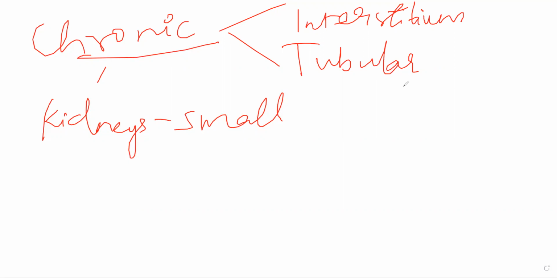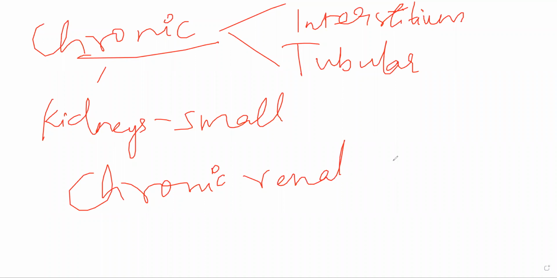Clinical features of this type of chronic pyelonephritis: the patient might have hypertension. There will be chronic renal failure. These patients will generally develop chronic renal failure. Their kidneys will not work properly.